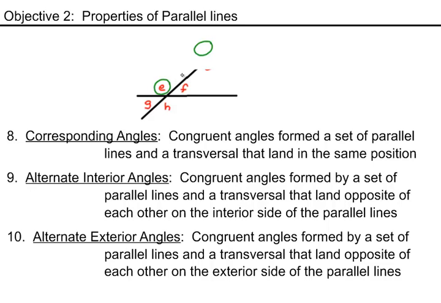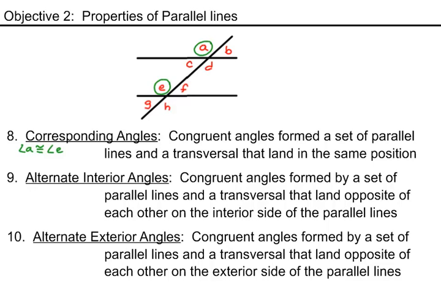So angle E is corresponding to angle A. They're also congruent, so I'm going to write it like this. Angle A is congruent to angle E as my first set of corresponding angles.